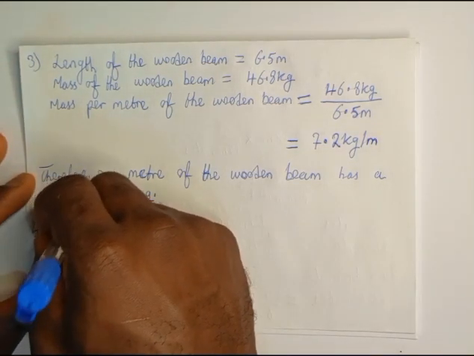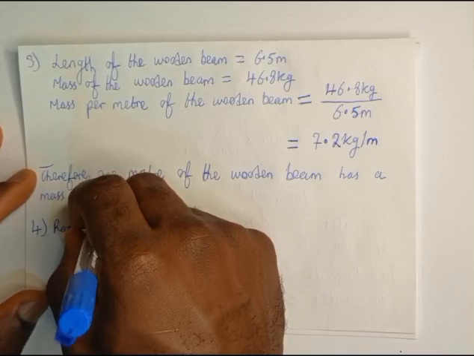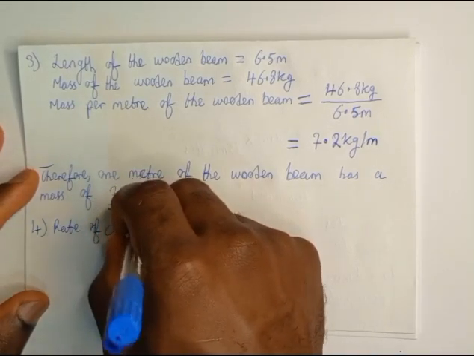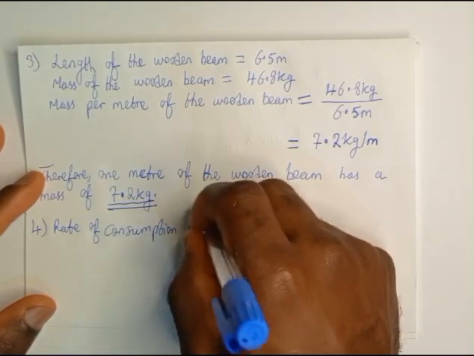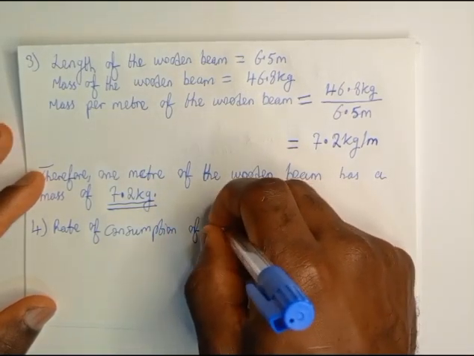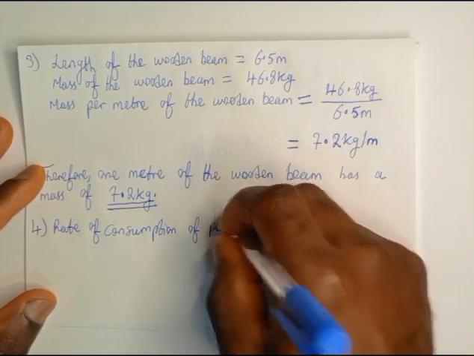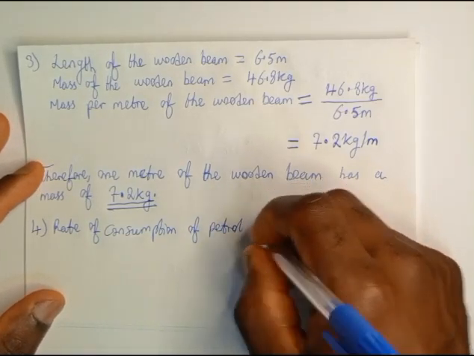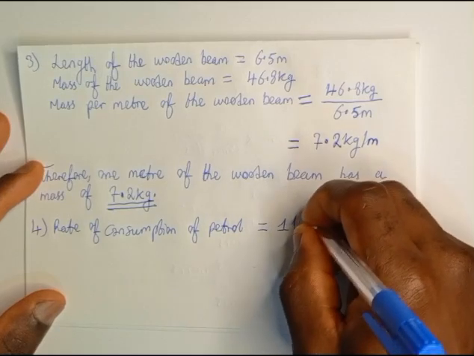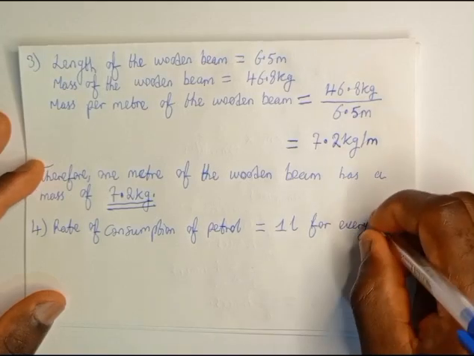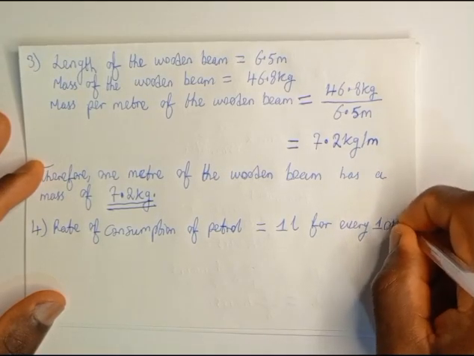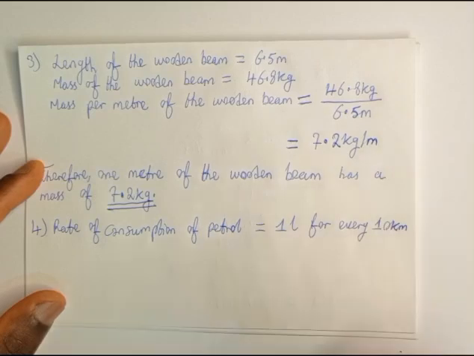We have the rate of consumption of petrol by the car, which is equal to 1 liter for every 10 kilometers. That means if the car is to travel 10 kilometers, the driver needs to fill in 1 liter.